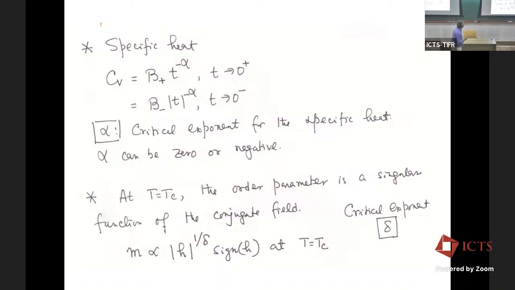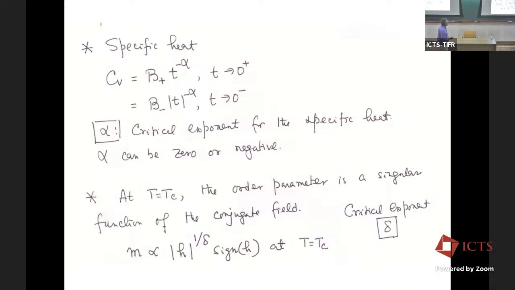All of these exponents are positive. You see, t raised to the power minus alpha will diverge when little t goes to 0, as long as alpha is a positive quantity. There are situations where alpha can be negative, there is a cusp and things like that, but those are not generic situations. The generic situation is where the specific heat diverges at the critical point with an exponent called alpha.